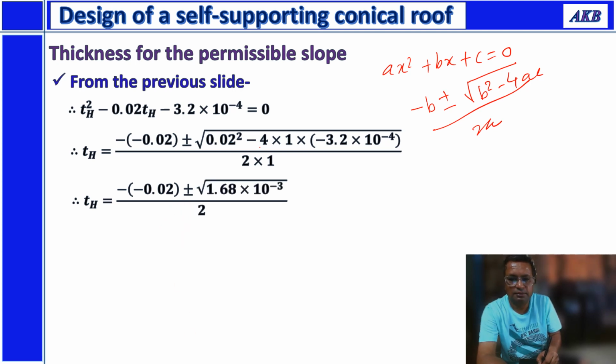Minus 0.02 square will be a positive quantity.